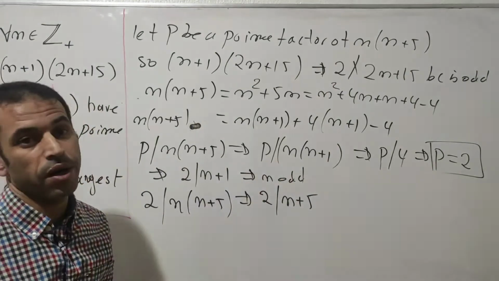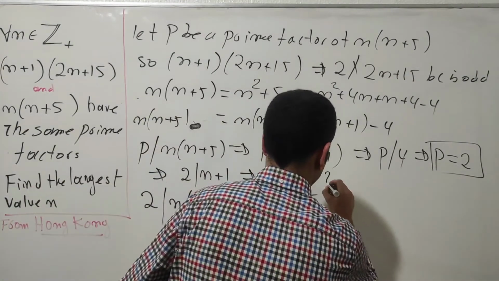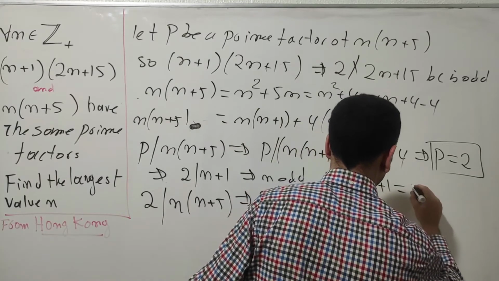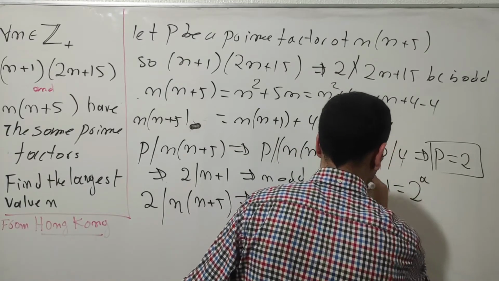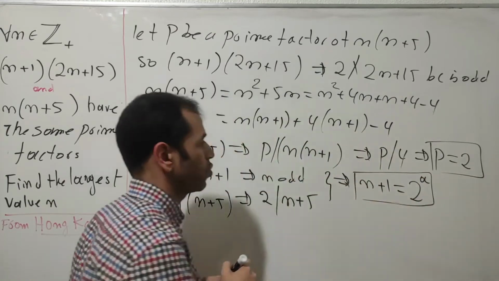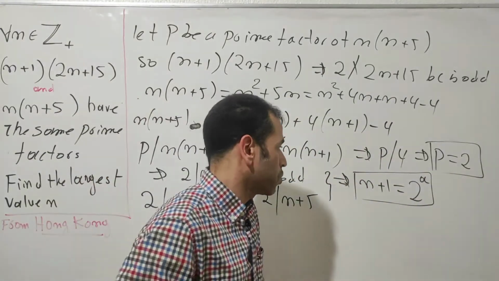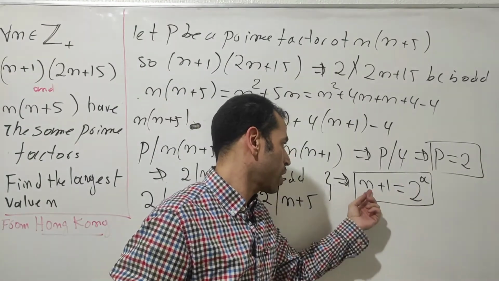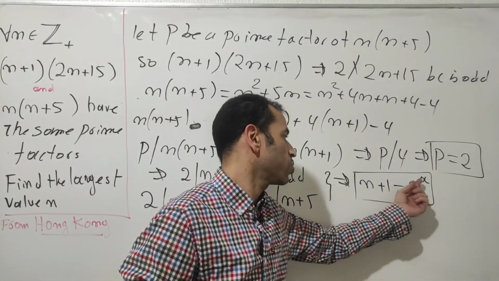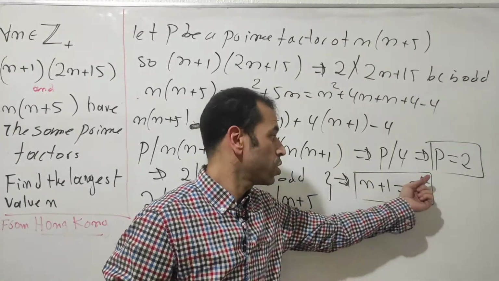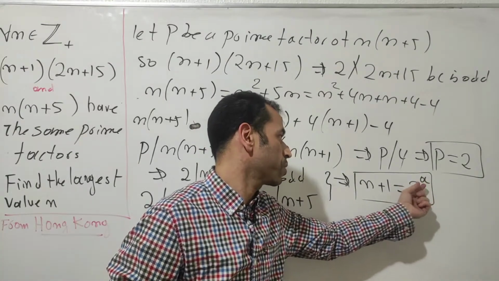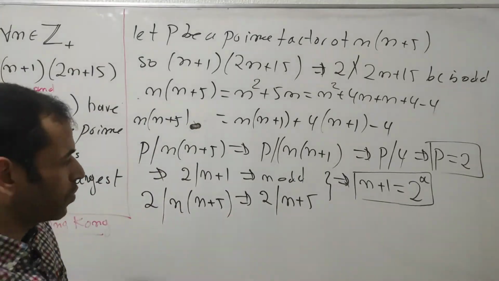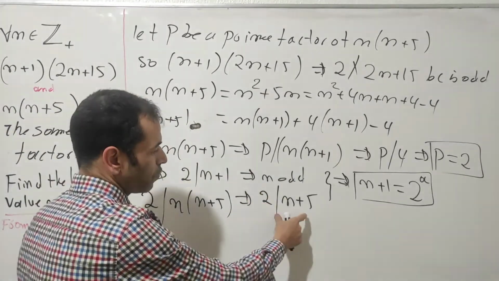So n plus 1 equals 2 to the a. This is the prime factorization form: since p equals 2, it doesn't mean n plus 1 equals 2, it means it's a power of 2, depending on the value of a. But we don't know about n plus 5; we know just that 2 divides n plus 5.